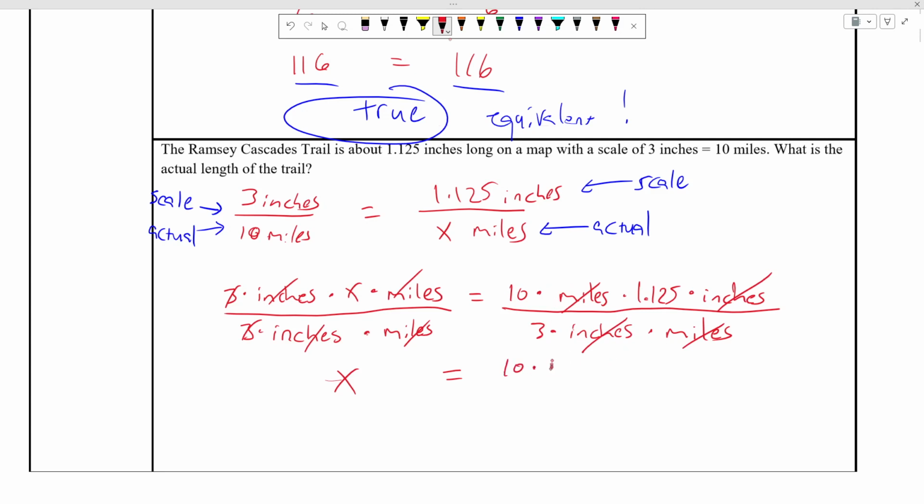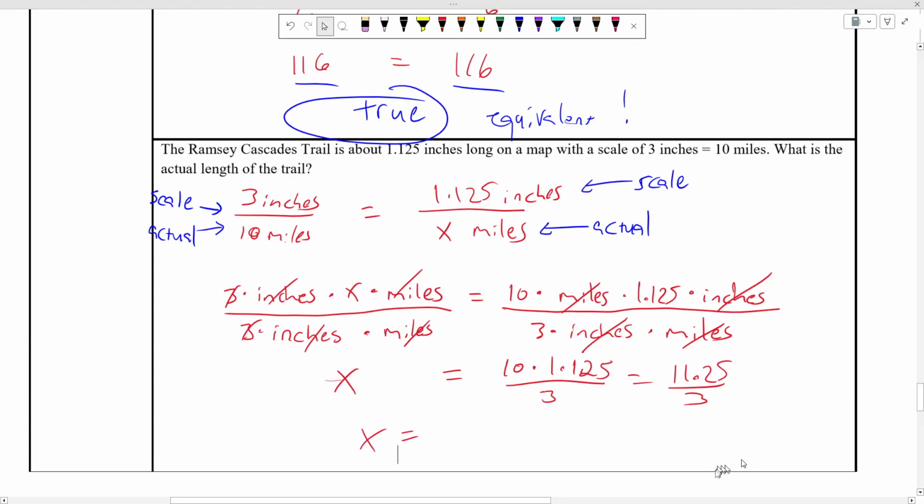So the 10 times 1.125 divided by 3. This becomes 11.25 divided by 3. Or in other words, x equals, let me think about that. What is 11.25 divided by 3? That happens to be 3.75.